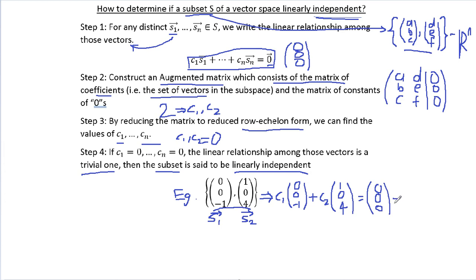So now let's construct an augmented matrix based on this. Step 1 is done. Now let's write it in our matrix form: 0, 0, minus 1, and 1, 0, 4, with the matrix of constants 0, 0, 0.